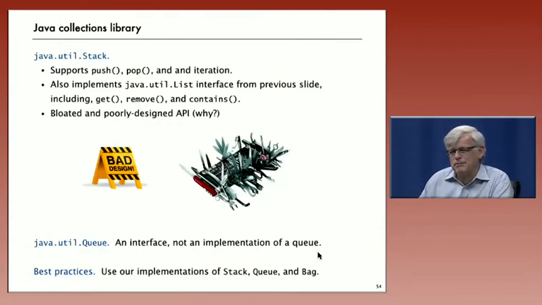Why use our own implementations? Well, the problem is often in such library code is kind of designed by committee phenomenon that more and more operations get added, and the API becomes too broad or bloated. It's not a good idea to have lots and lots of operations in the same API.